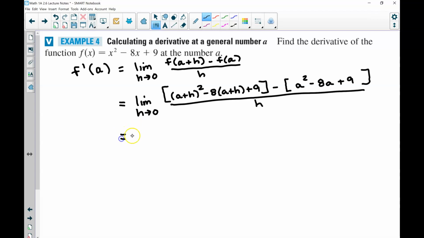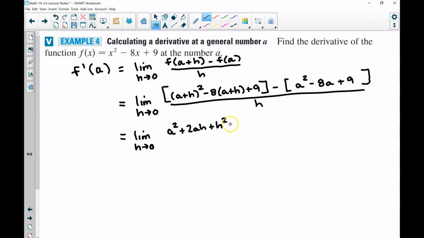Okay, now let's expand this a little further by using our multiplication. So in our numerator, we're going to have a squared plus 2ah plus h squared.